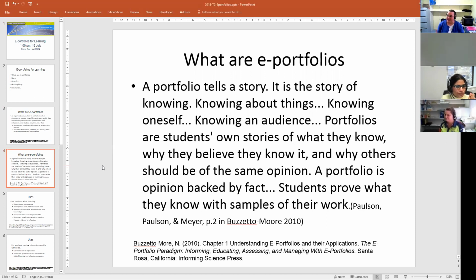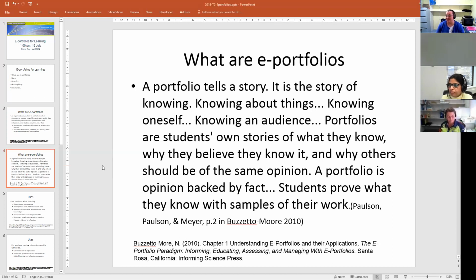So Paulson and Meyer, quoted in that book, indicate that a portfolio tells a story. It is the story of knowing: what you know about things, knowing yourself, so the reflective aspects around what you did and maybe why you did them, and knowing your audience, so who you are presenting this information to.